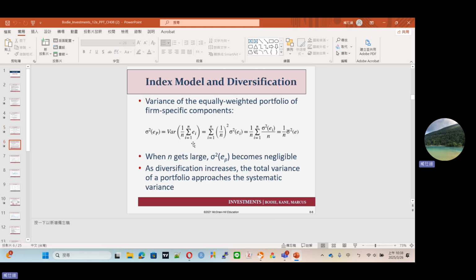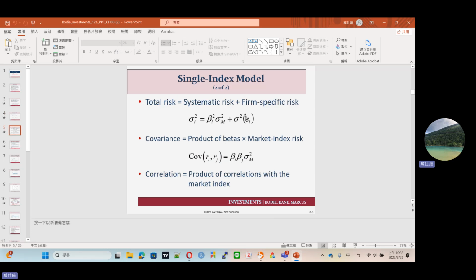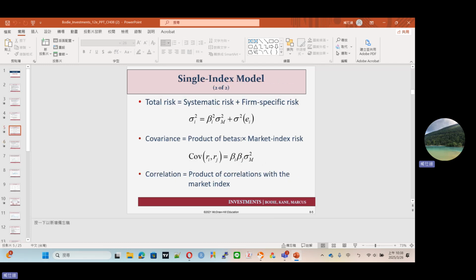Before we calculate that, let's finish another part, because there's an element here. This is called sigma square e_i. We usually call this the residual returns.